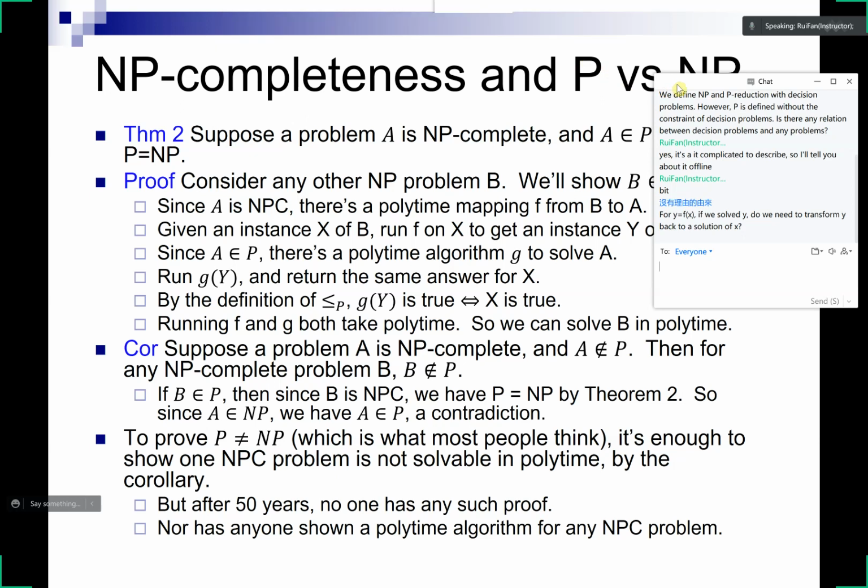That's why the search version of NP problems and the decision versions are kind of equivalent to each other. I'm not making a mathematically rigorous statement here, it's just an intuitive statement, but that's the basic idea. Any other questions?